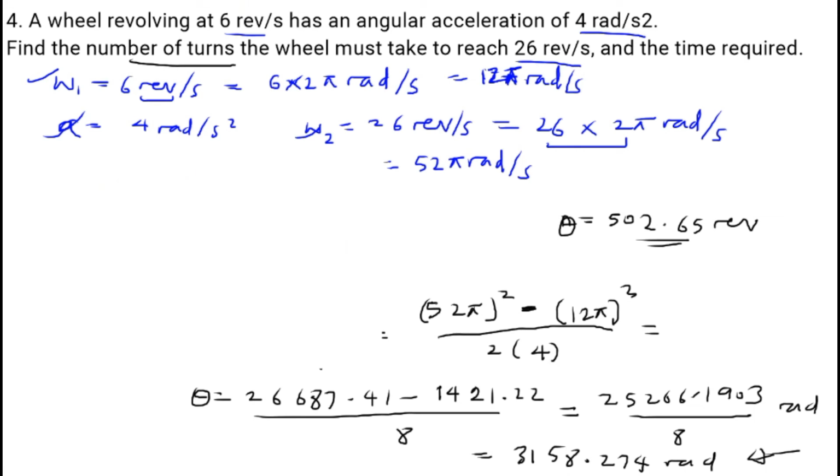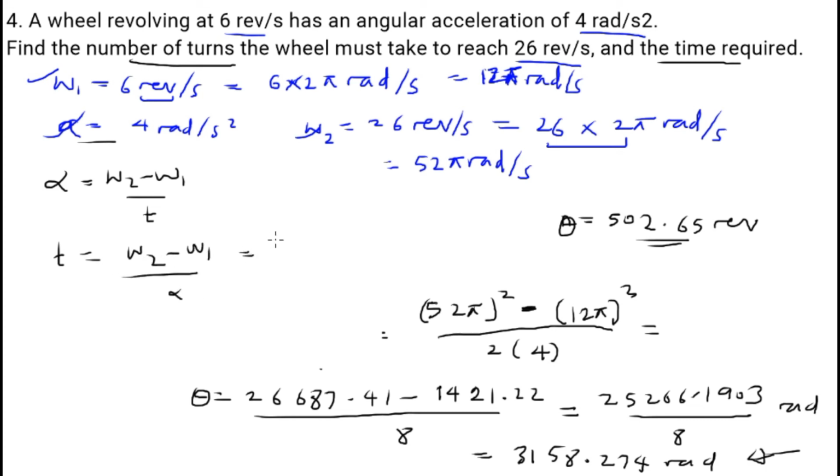To find the time that is required from the question, we may just make use of this formula right here. Since we have been given the angular acceleration, notice that angular acceleration is omega 2 minus omega 1 upon t. If I make t the subject of the formula, t is omega 2 minus omega 1 upon the angular acceleration.